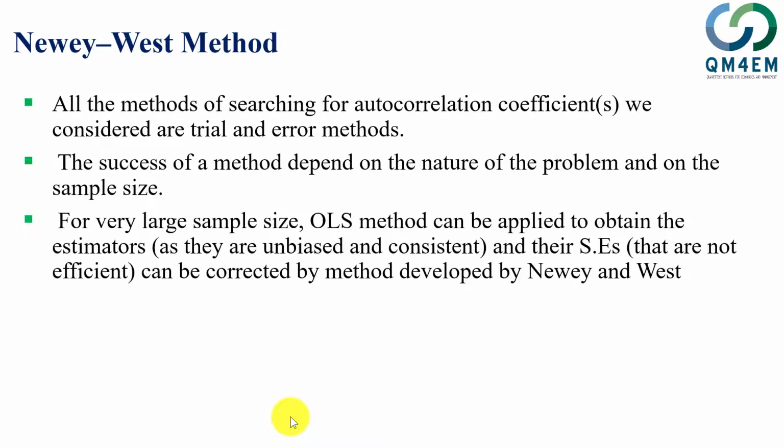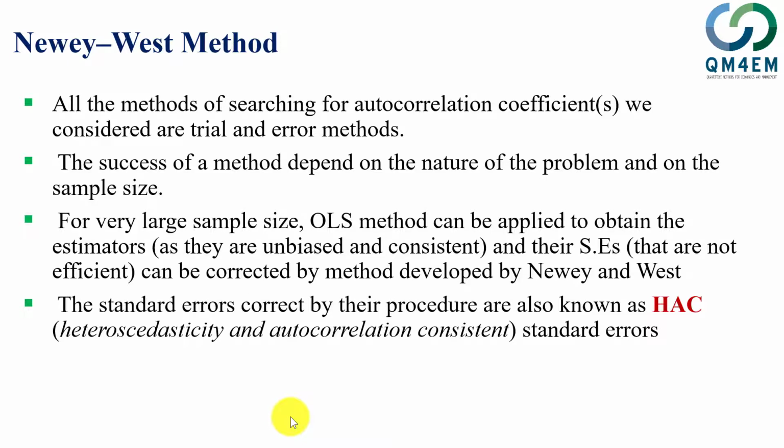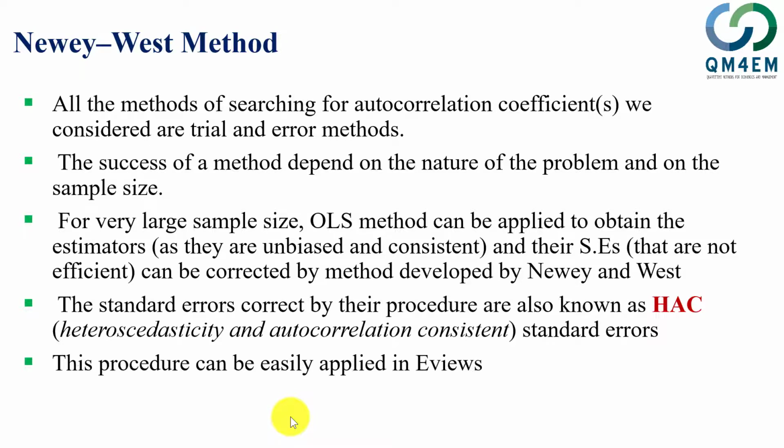So we should know that there is a procedure called the HAC procedure, the heteroscedasticity and autocorrelation consistent procedure, in software. If you apply that procedure, it automatically ensures autocorrelation-corrected or consistent standard errors, but be informed that this is valid only for large samples. We should also know that this procedure can be applied very easily in Eviews.